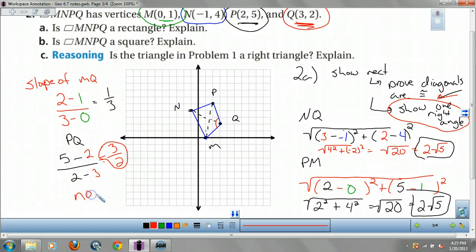No. So not a right angle. Hence, not a rectangle, or a square, because there aren't 4 right angles, guys. Phew, it's a lot of work. Let's do one more for fun.